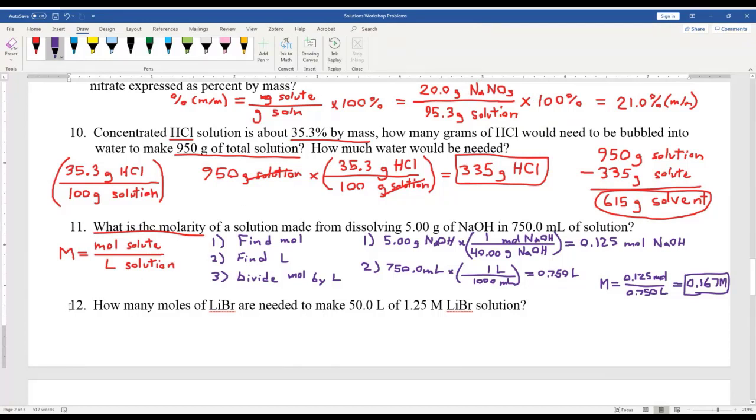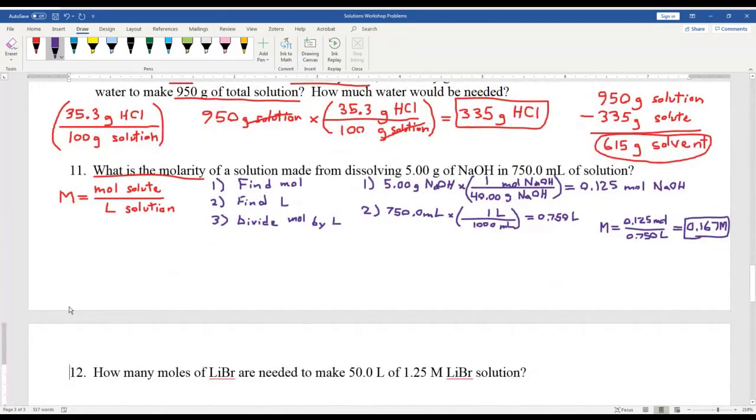If I just have a bottle that says 1 molar, that's great. It tells me the concentration, but I don't know if that stuff is going to eat my hand off or if it's something that's relatively benign. So I've got to figure out what exactly that 1 molar is of.